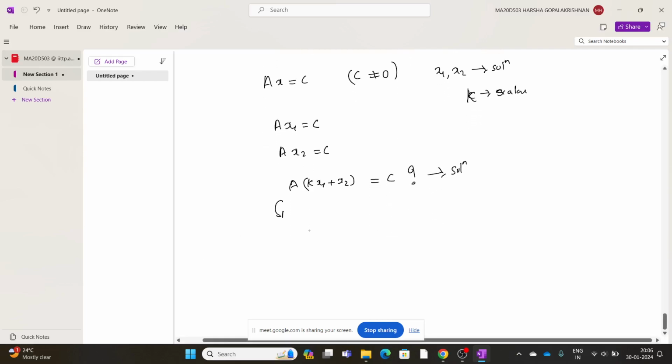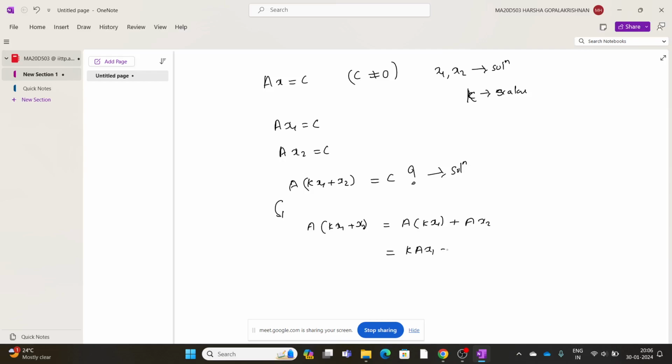Now we will do A into Kx1 plus X2. In matrices, we can do this kind of operation. Maybe after 1 or 2 weeks, you will be very clear about why we are doing all this. So in usual matrices also, it is fine. So K into AX1 plus AX2.